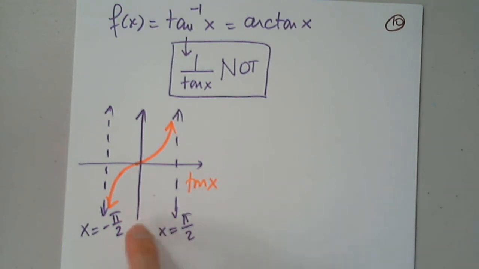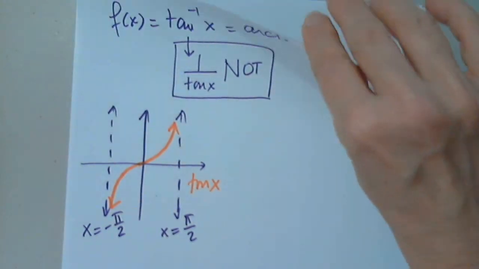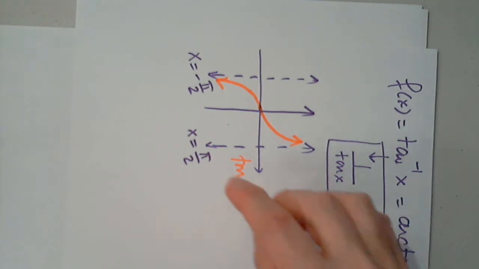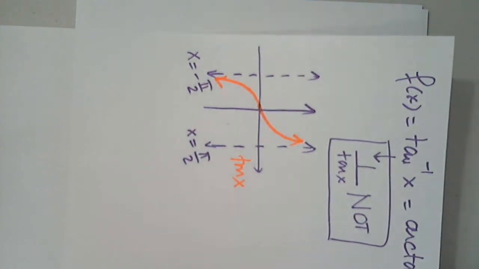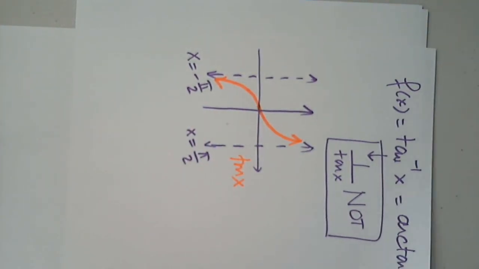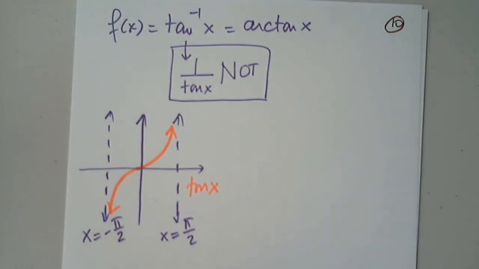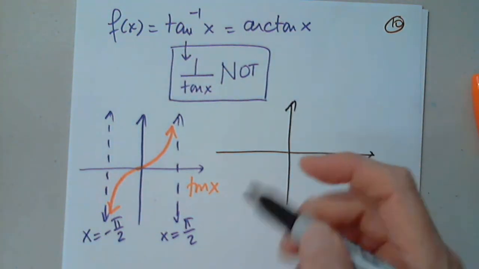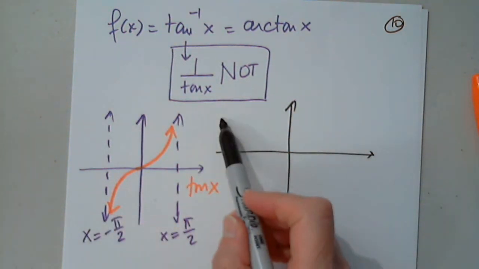Now, the inverse function will be similar to this. Of course, it has to be one-to-one and symmetric, but similar to this, meaning it will have horizontal asymptotes, the ones that you see here.